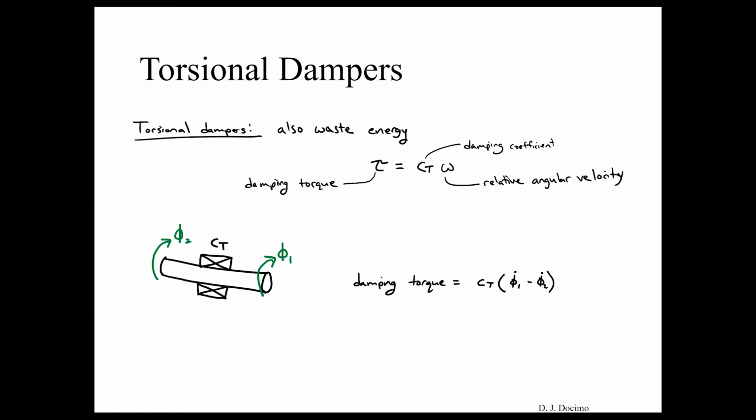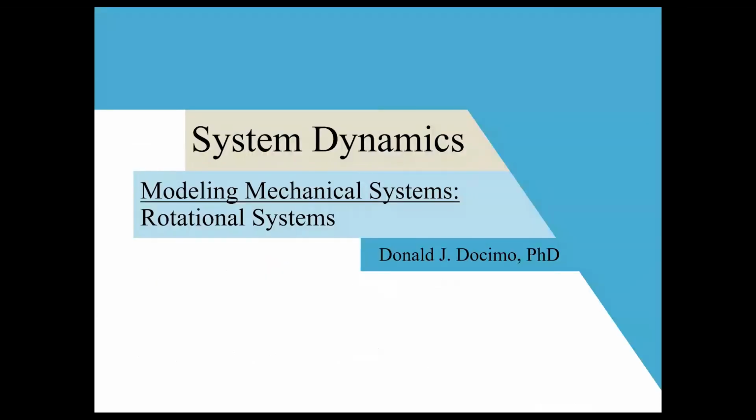Our damping torque in this case is going to be CT times the rate of change of the difference between those two positions or angles. And again, it's all about that relative angular velocity, just like it was about relative velocity with dampers. And that is going to cover rotational systems.